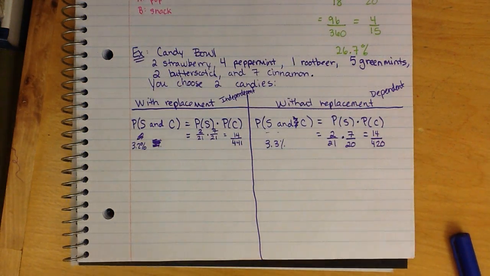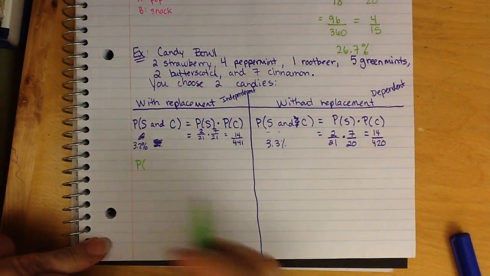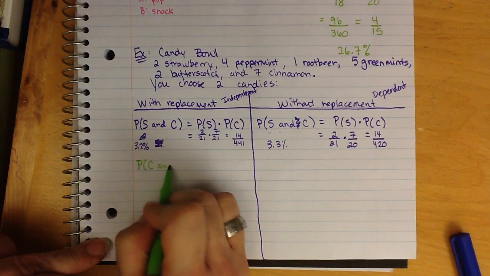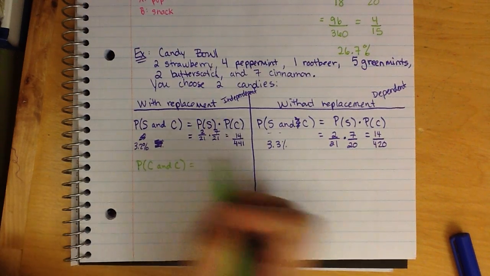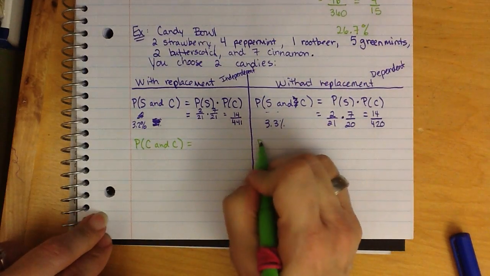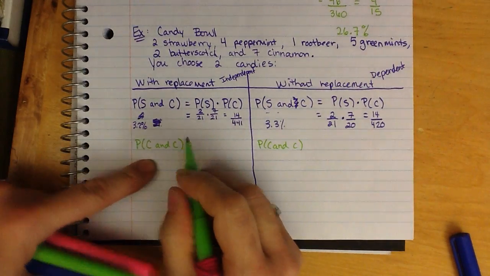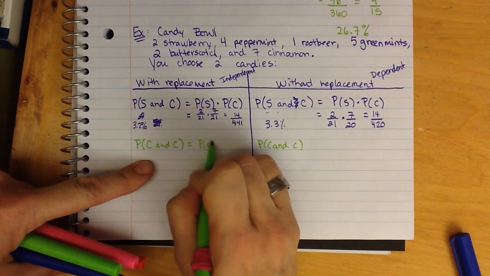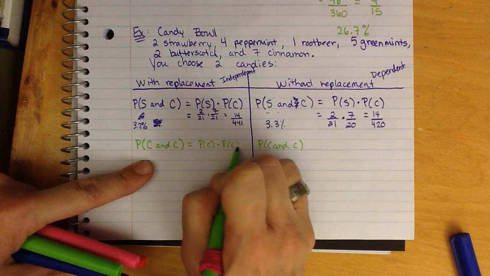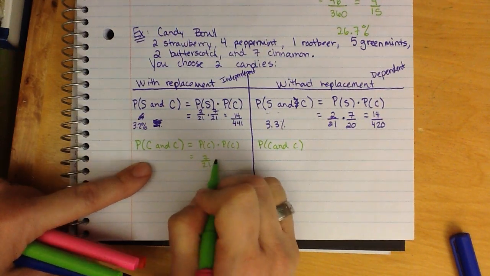Let's do a couple more of this type. So now I want to know what's the probability that I choose a cinnamon and then another cinnamon. And we're going to do this both ways. So with replacement, the probability that I draw that first cinnamon is going to be 7 out of 21.